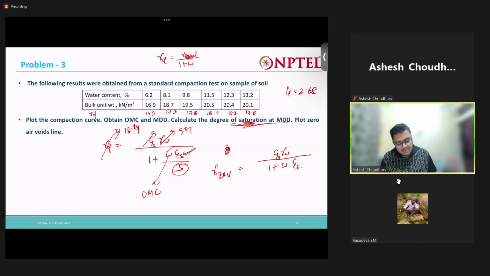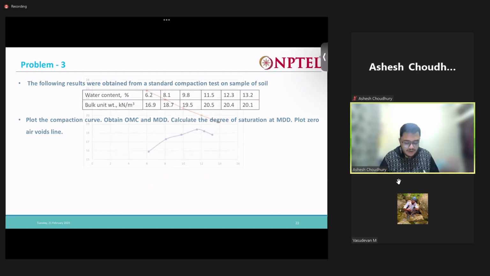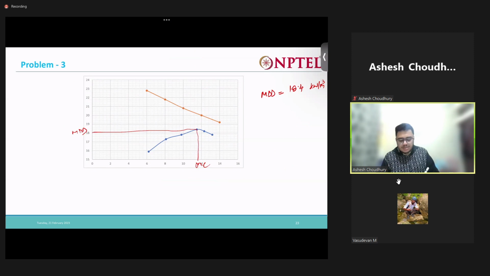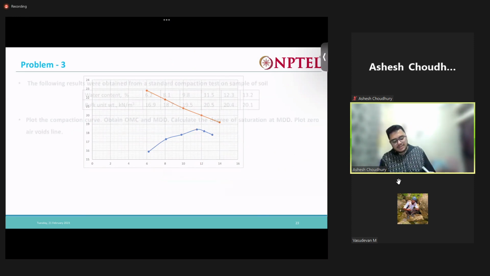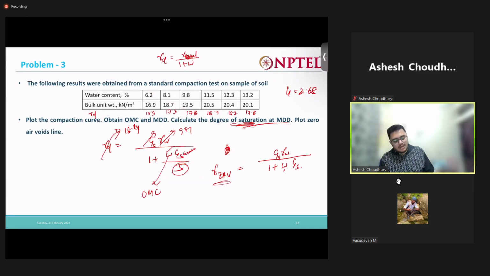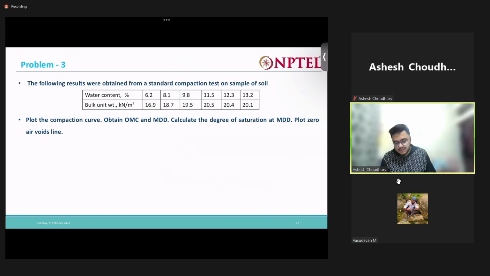Take some values of water content, say 5%, 6%, 10%, and you will get values of dry density. Then plot the points and you will get a line like this. This is my zero air void line. Very simple, you just need to put the values in the relation.